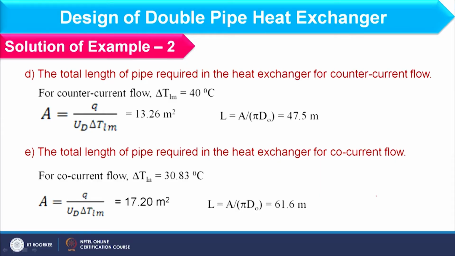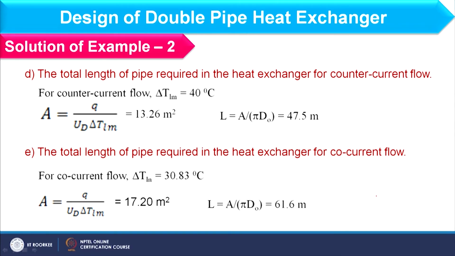So, next we have to find out the total length of the pipe which is required in a heat exchanger for counter current flow, and that you can simply find out considering heat duty, overall heat transfer coefficient and delta T LM value. Okay.